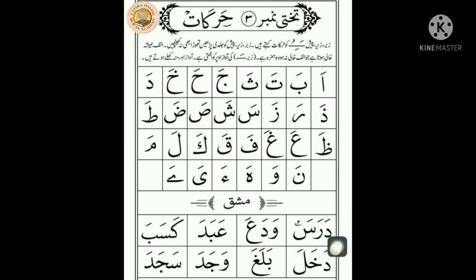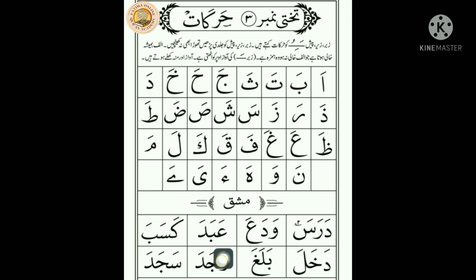Dal zabar da, ra zabar ra, dara, sin zabar sa, darasa. Waw zabar wa, dal zabar da, wada, ain zabar a, wada'a.